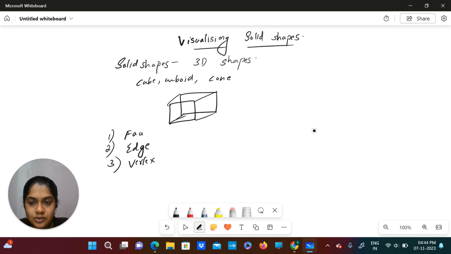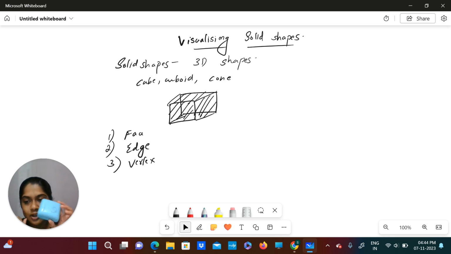Here I have drawn a cuboid. The faces mean the flat surfaces. How many faces can a cuboid have? Imagine that this is a cube or a cuboid. How many flat faces do we have?